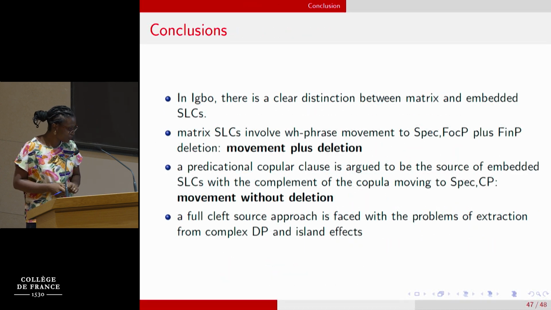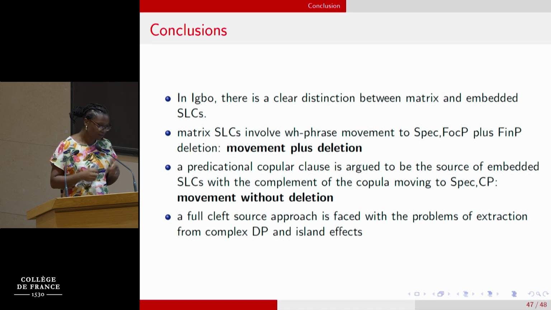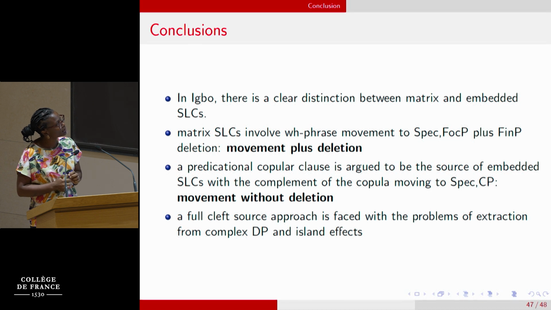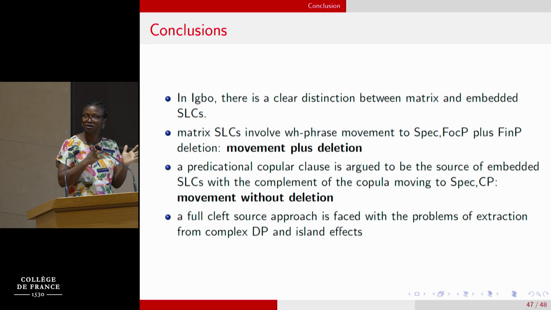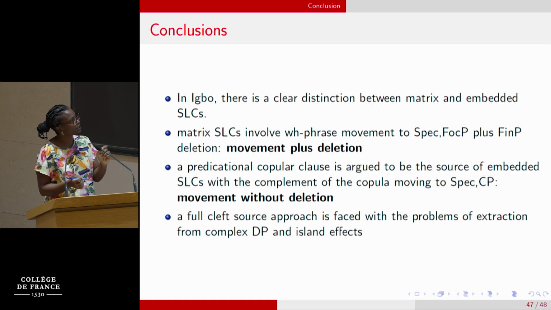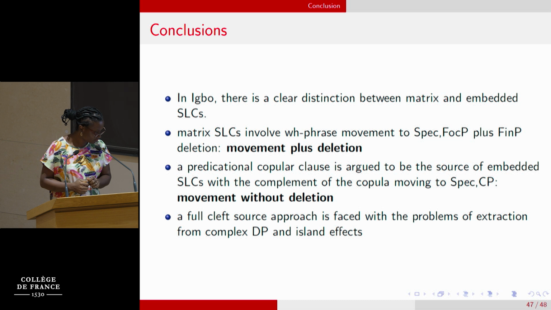Yes, so to conclude, I've shown you data from Igbo showing the differences between matrix and embedded sluicing. I've proposed that matrix sluicing involves focus movement of the WH phrase from a copular clause, followed by the deletion of the FIMP.